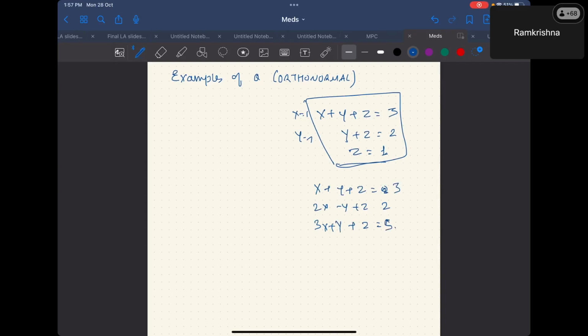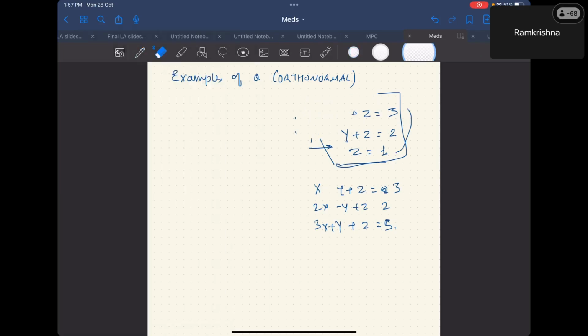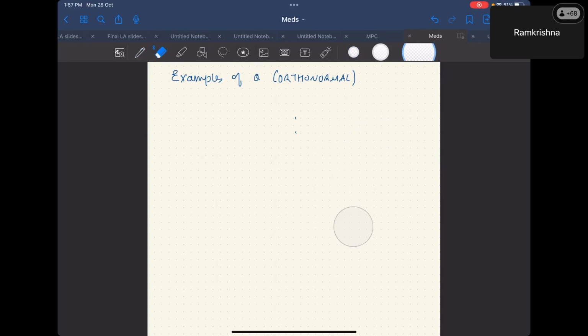Then I just do Gaussian elimination to get into that kind of upper triangular form. If I have it in this form, then I can just do backward elimination to solve the equation. So similarly, until now I'm assuming, what if A is Q?